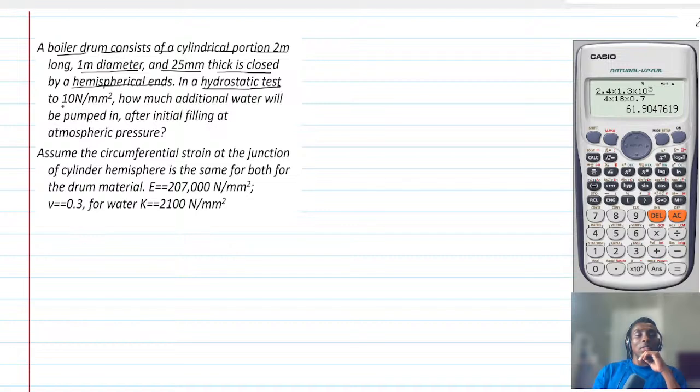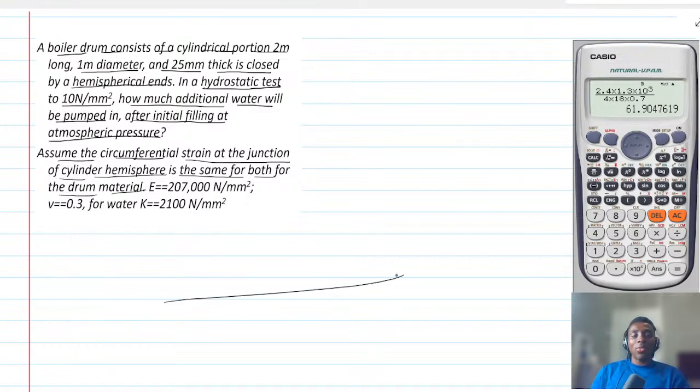In a hydrostatic test to 10 Newton per millimeter squared, how much additional water will be pumped in after initial filling at atmospheric pressure? Assume the circumferential strain at the junction of the cylinder and hemisphere is the same for both the drum material.